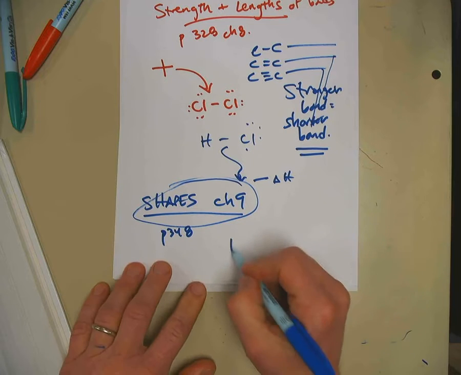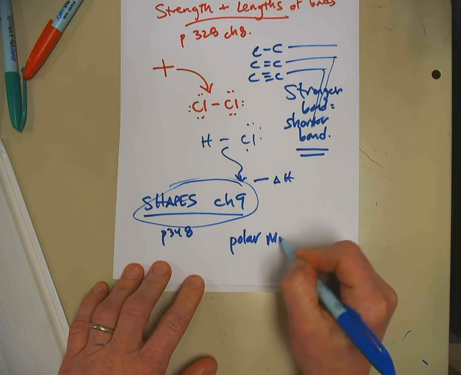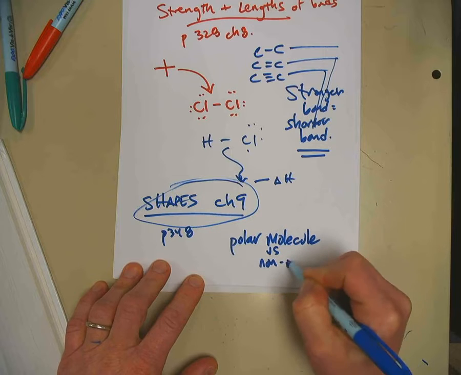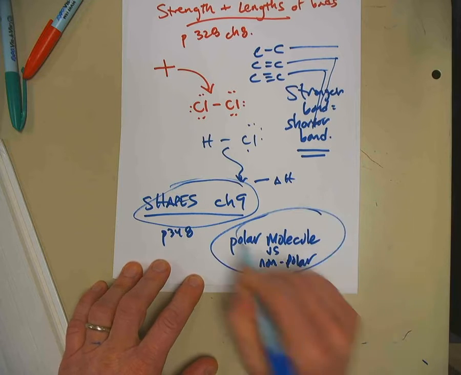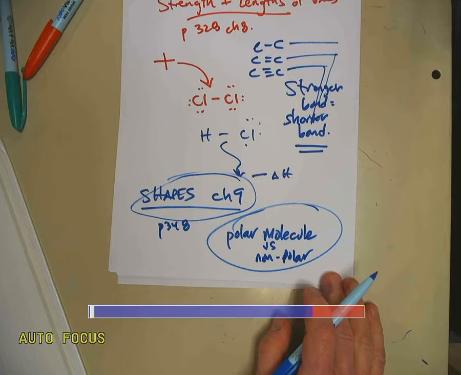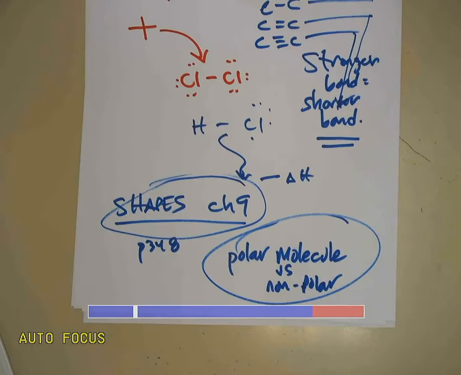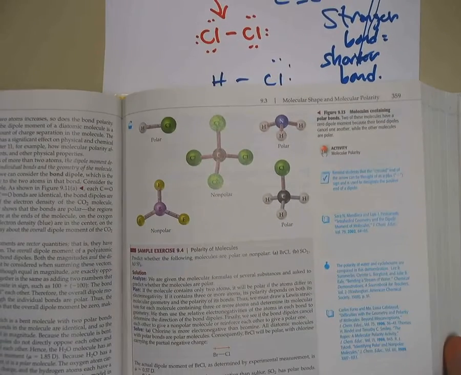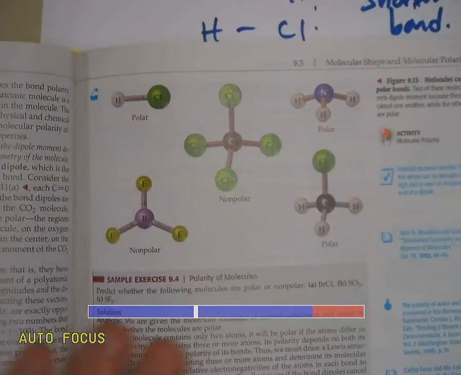Okay? Next, polar molecule versus nonpolar. All right? Now, a polar bond means that there's a difference in electronegativity between 2 atoms. Polar molecule means that there is an asymmetrical shape of the molecule. Here's some examples right here. Okay? Look at this one.